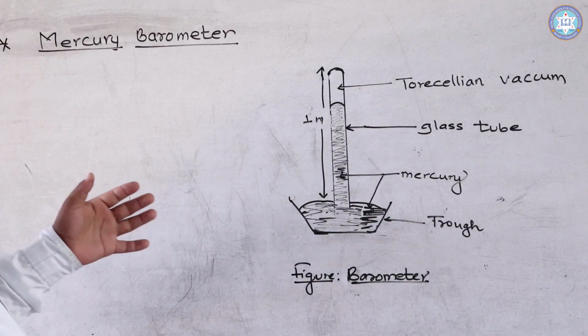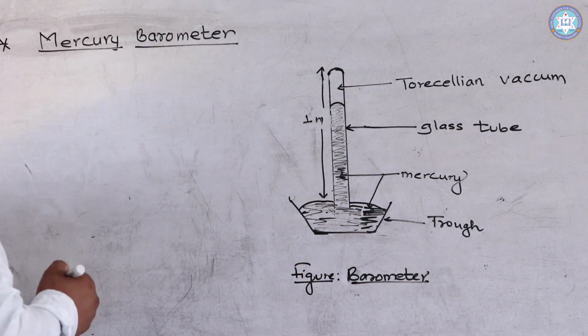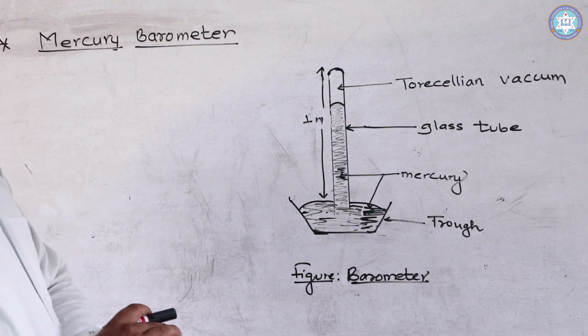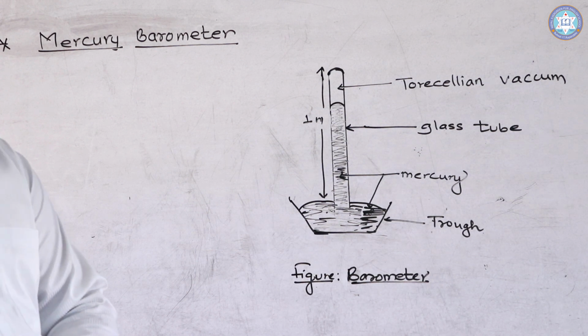Okay, dear students, now we are going to study the mercury barometer. This is the measuring device of atmospheric pressure.